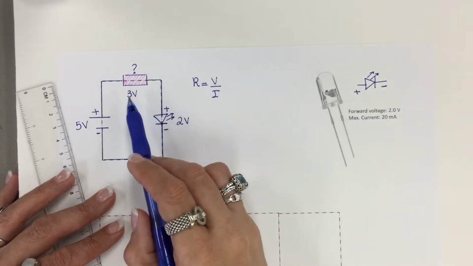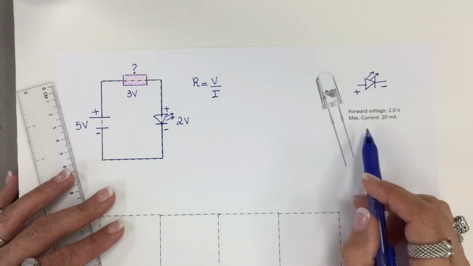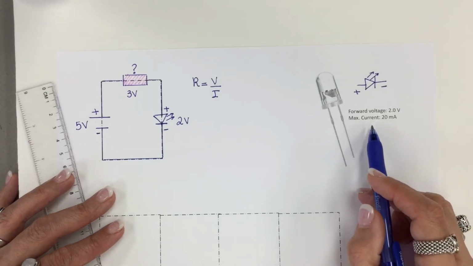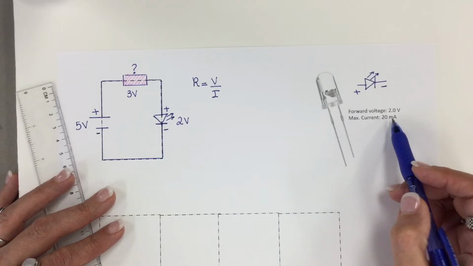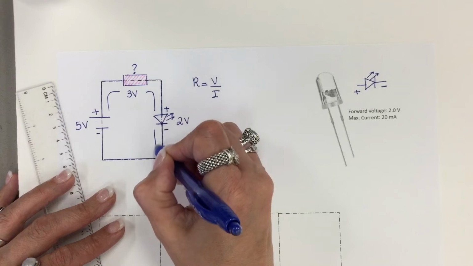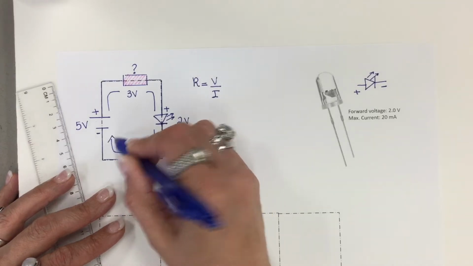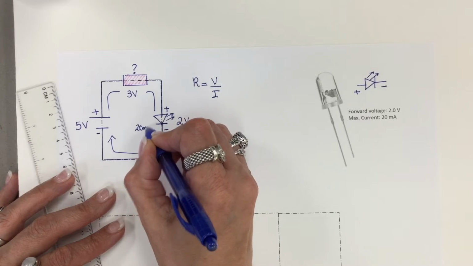We have voltage, which is 3 volts, but what is the current? Here, the maximum current that can flow through this LED is 20 milliamps. So that tells you this is the current that is going to flow through the circuit, which is 20 milliamps.